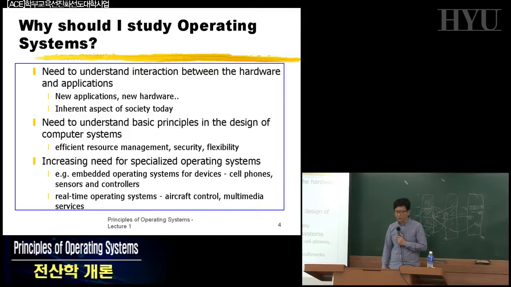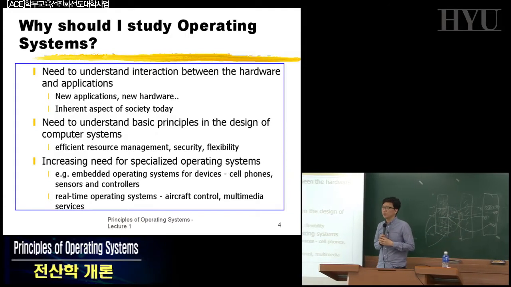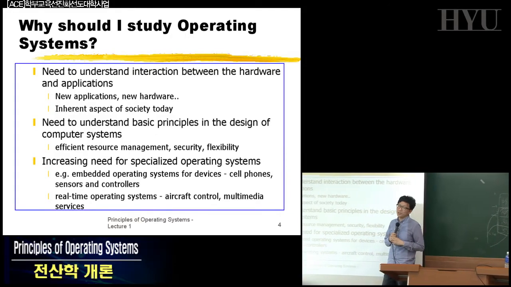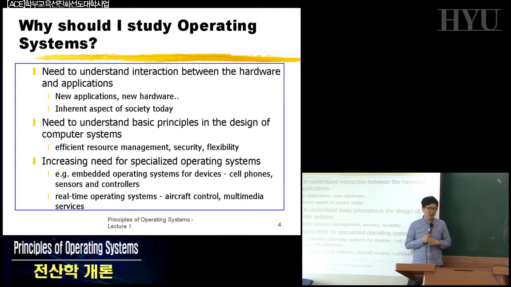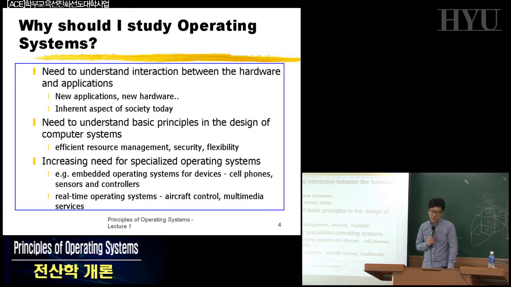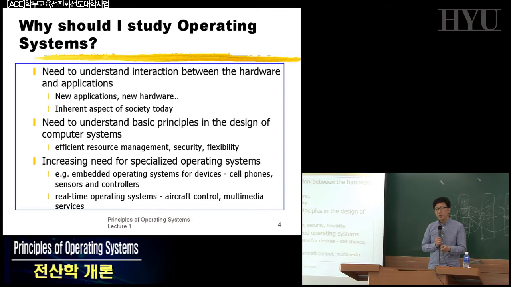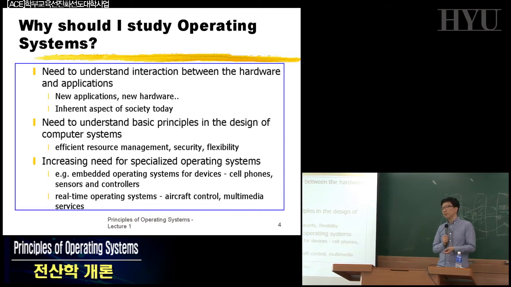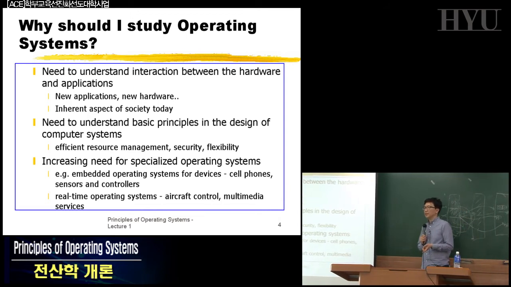Why should I study operating systems? You need to understand some of the operations in the operating system. You need to understand the interaction between hardware and applications, and the basic principles of the design of a computer system. What we want to do is use CPU and memory efficiently, right?